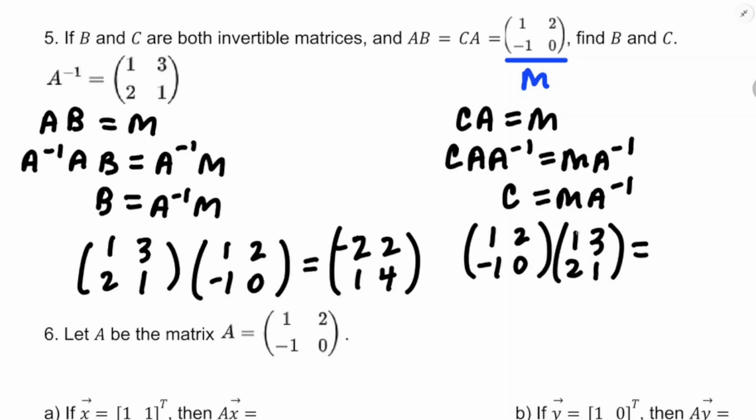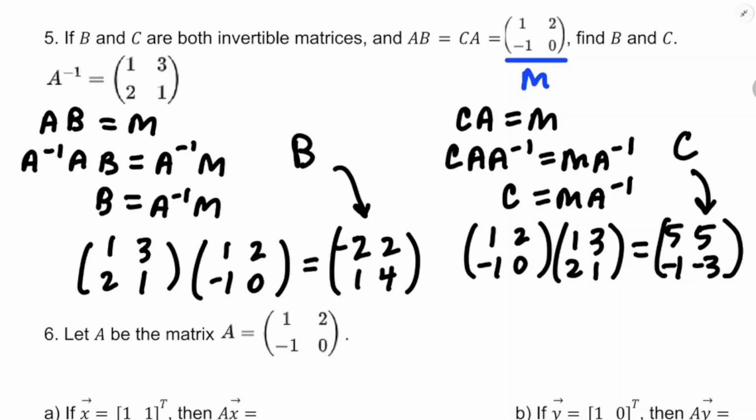Add 1 of the first column plus 2 of the second column, and 3 of the first column plus the second column, so 3 plus 2 is 5. Negative 3 plus 0 is negative 3. All right, that's going to be B here and C there.